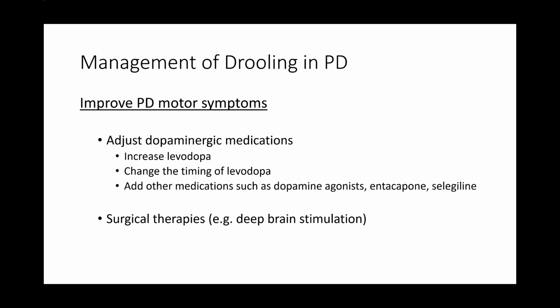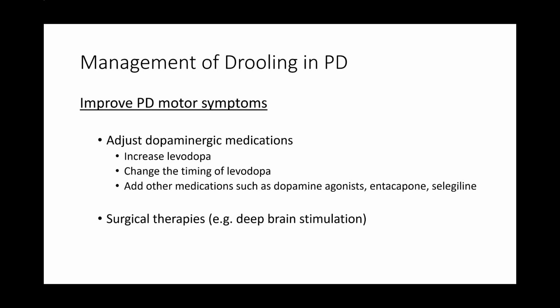There is one study that suggests that the rotigotine patch, which is one of the dopamine agonists available, may actually reduce drooling. So there was a study published recently that questions whether a small dose of this may impact drooling positively. So there are different options with the Parkinson's medication.